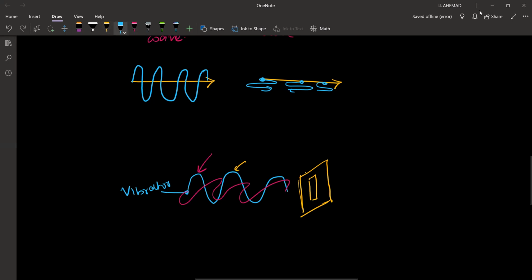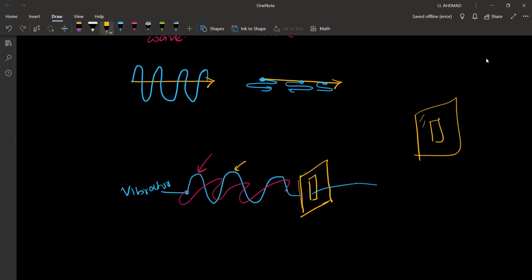Now this string is taken through this slit. The slit is in this direction. Just imagine. Slit means in a cardboard, you cut a small piece at the center. So that is a small opening. So that's the slit.